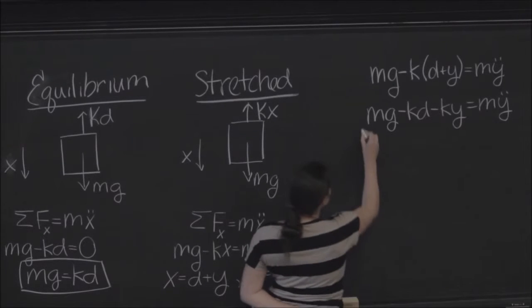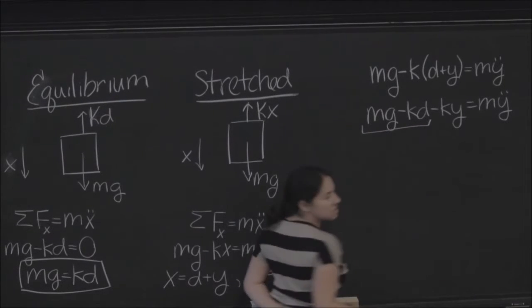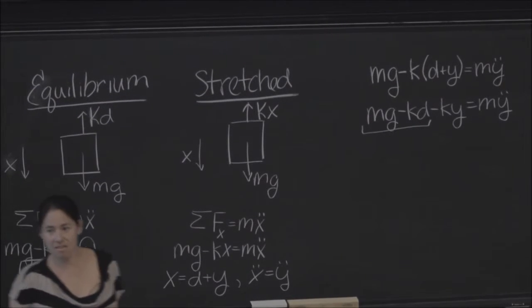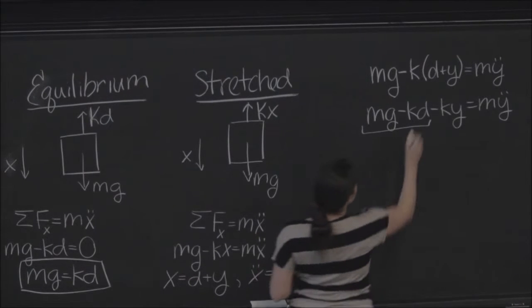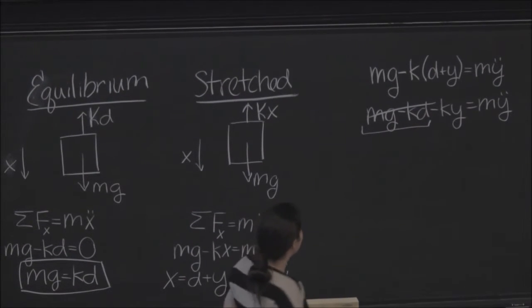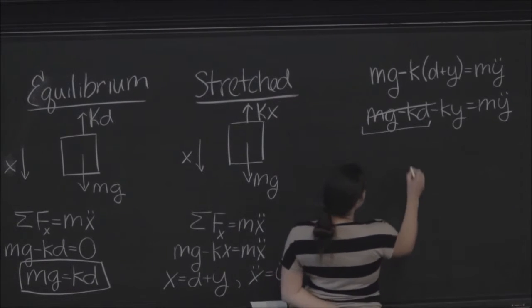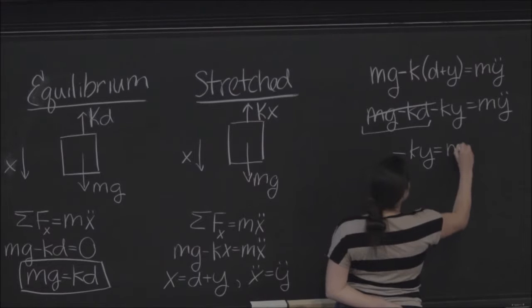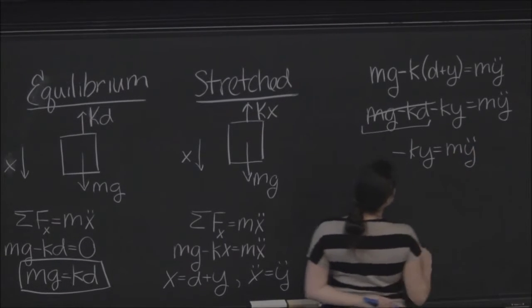Okay, what do you notice about these first two terms? Yeah, we just said before that mg equals kd, right? So if I plug that in here, they're equal and opposite, so that's going to go away. All right, this is looking pretty nice. So I have minus ky equals m y double dot.